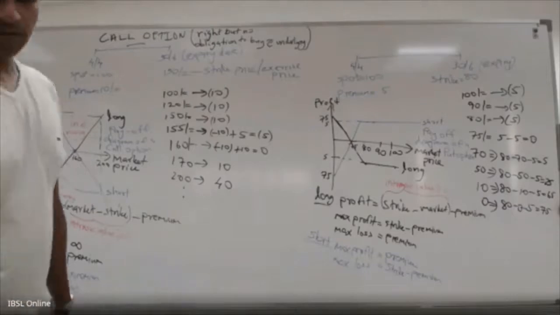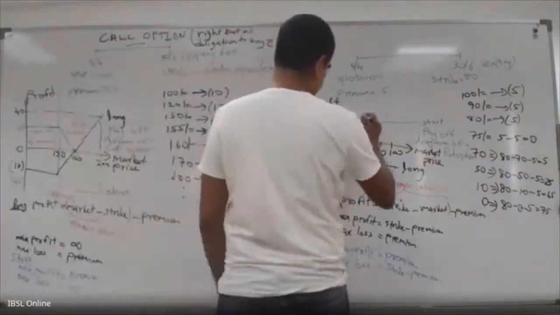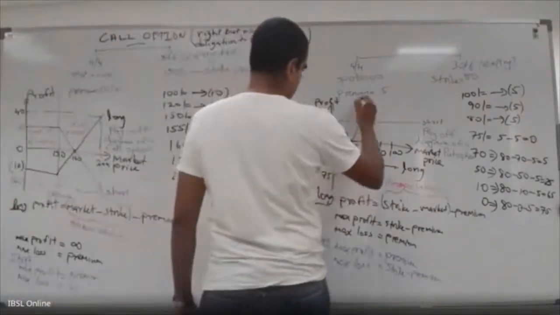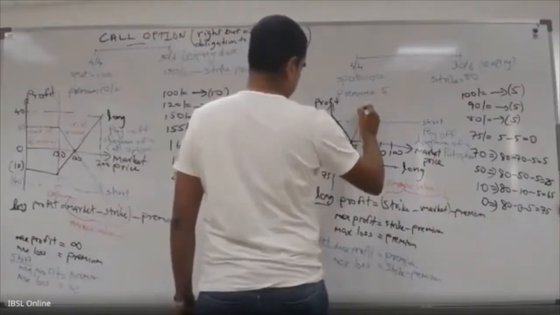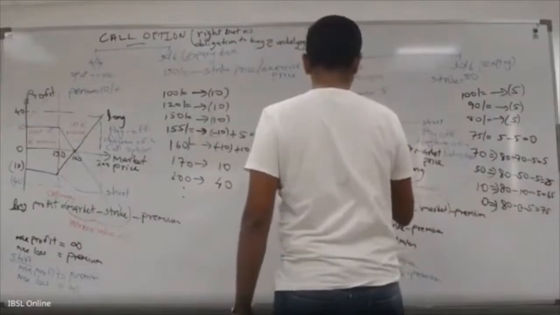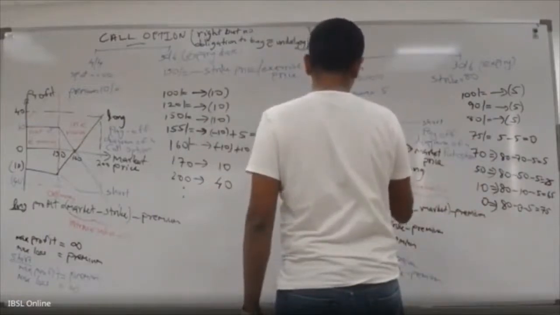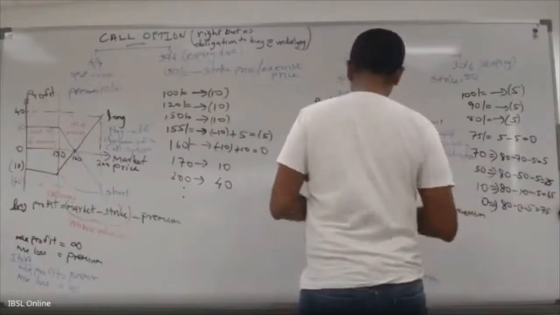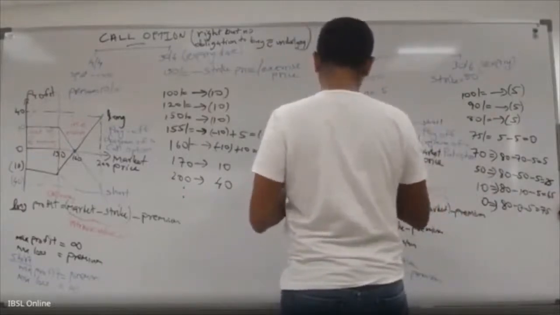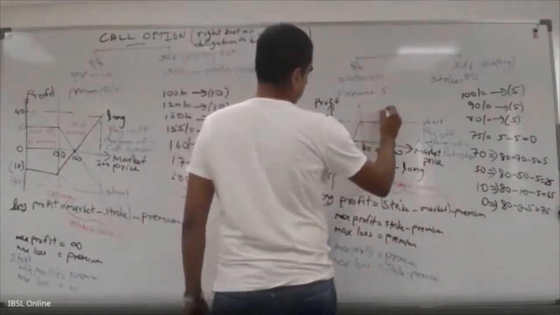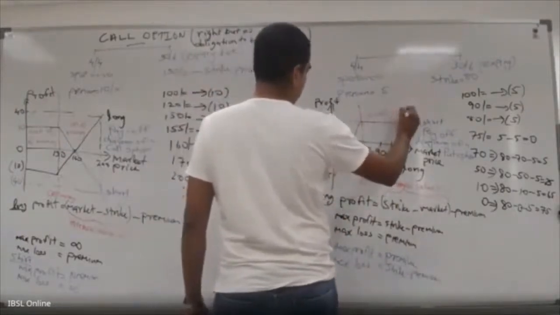Again, if you mark the 3 regions in this, if you draw a vertical line at the strike price, anything more than the strike, the option is not going to be utilized, so this is out of the money.